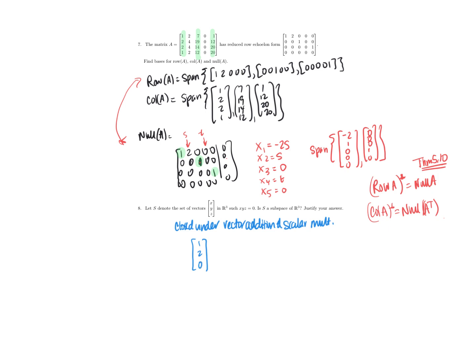So (1, 2, 0) is an example where x times y times z equals 0. If I add that to another one, say (0, 1, 2), that is another vector that's in that space. So these are both vectors in the space where x times y times z equals 0. If I add those together, I get (1, 3, 2), and this is no longer in the space.